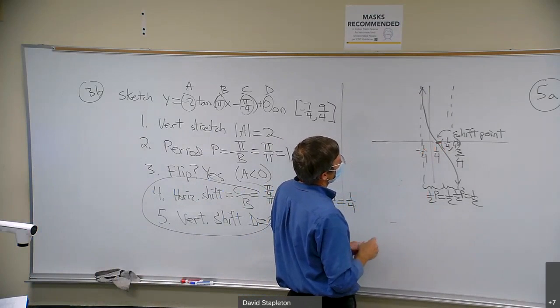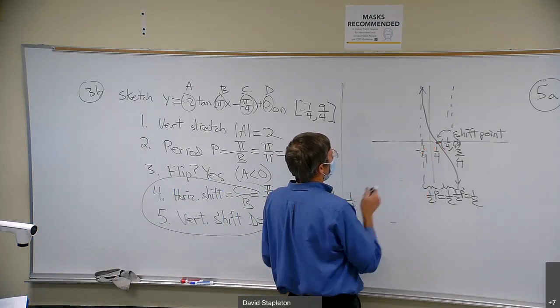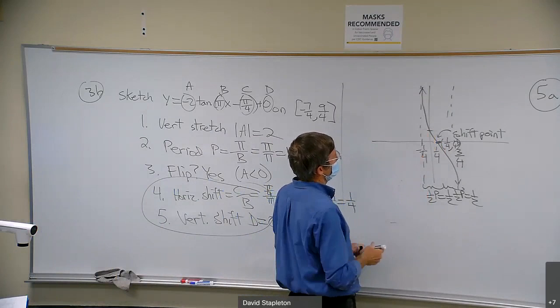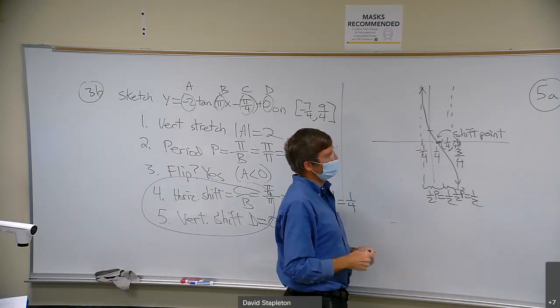Now, the only question left is, how do I draw the steepness? Like, what's this crossing right here? I wonder what that is. Any idea?